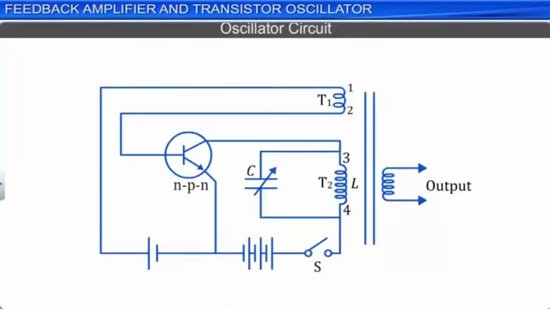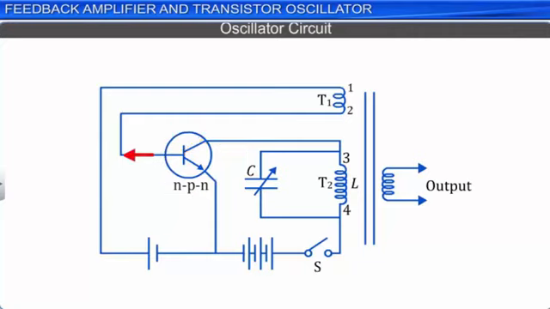A simple circuit used to understand a transistor oscillator is shown here. The circuit contains an NPN transistor in the common emitter configuration, with the base emitter junction forward biased and the base collector junction reverse biased.